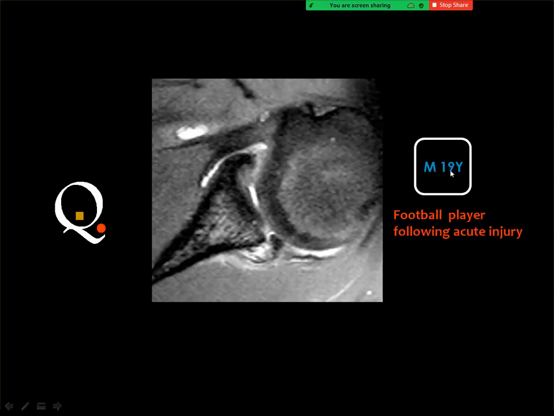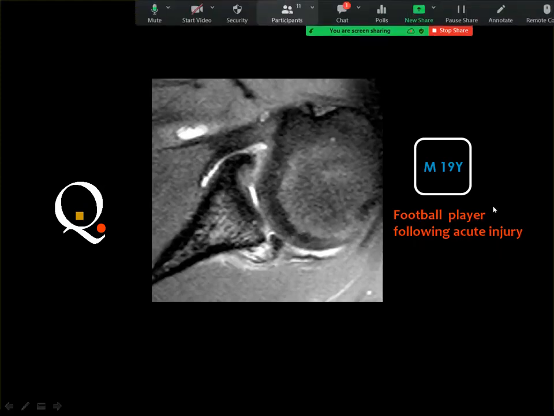And this is a 19-year-old male football player who had an acute injury to the shoulder.